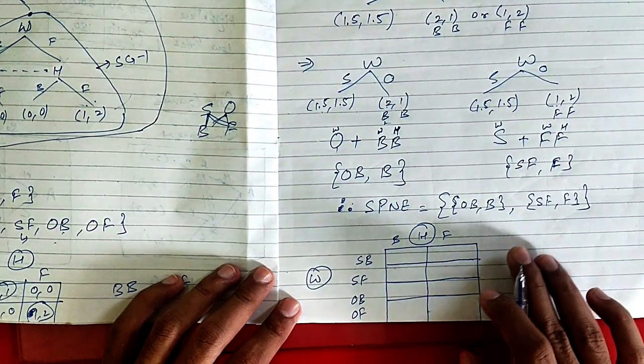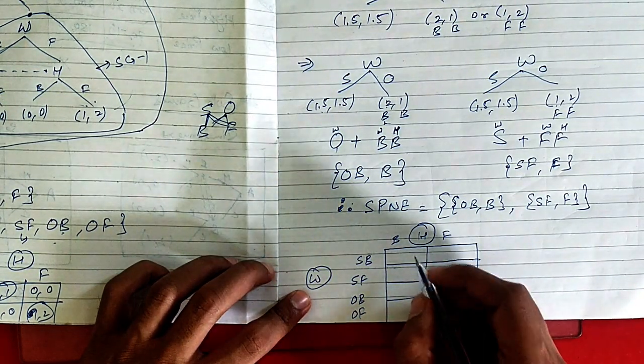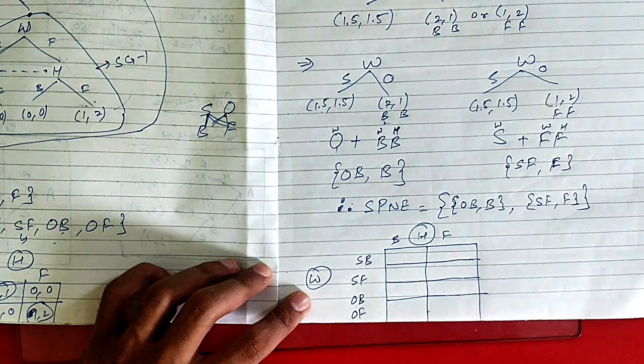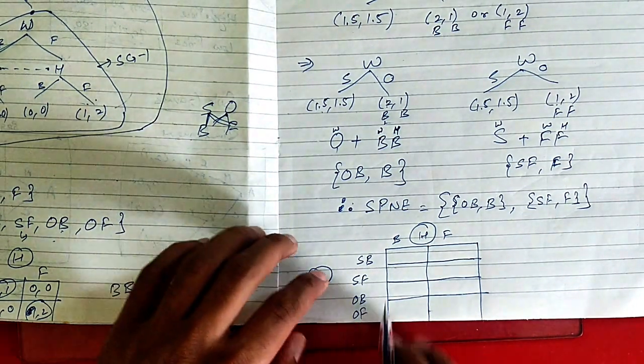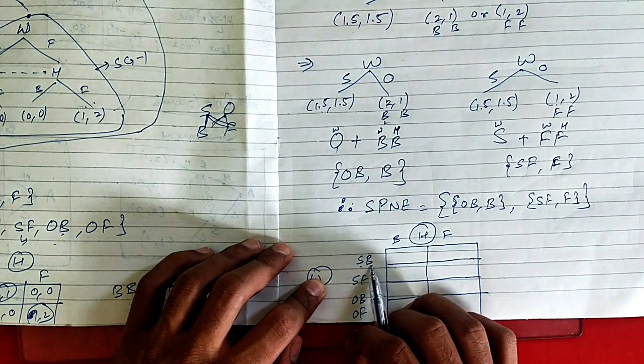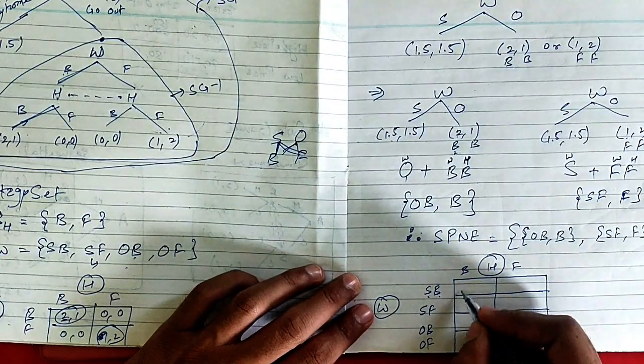Okay, so now if you write out their outcome, it will be very easy, and I have taught you this earlier also. So now wife is choosing stay home and ballet. And what is the payoff for staying home and choosing ballet? It is 1.5, 1.5.